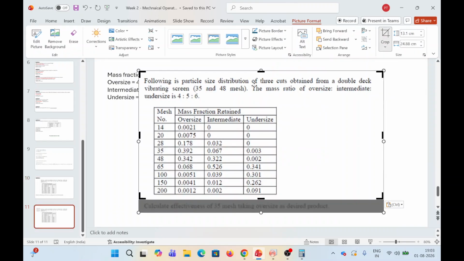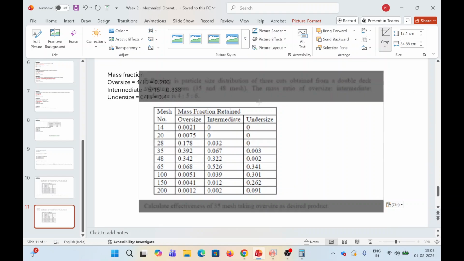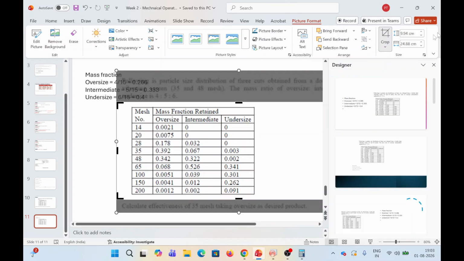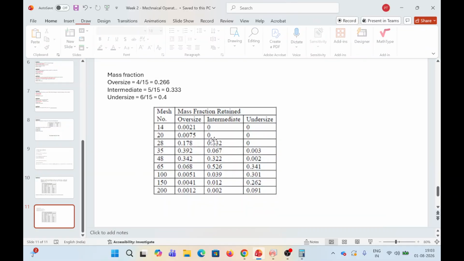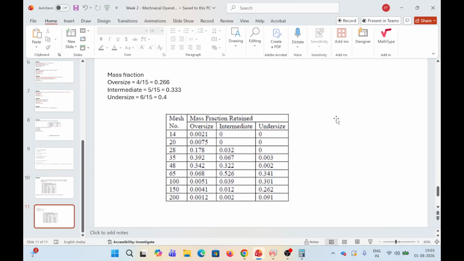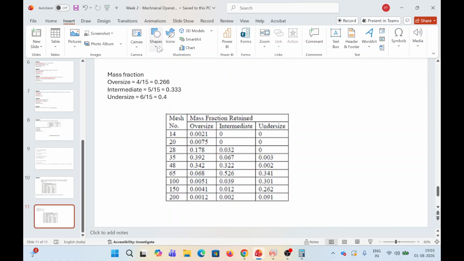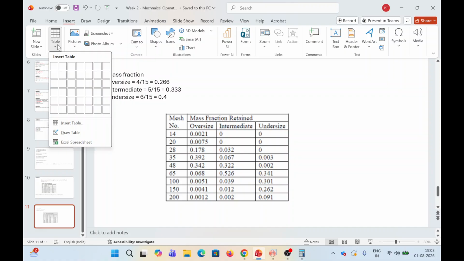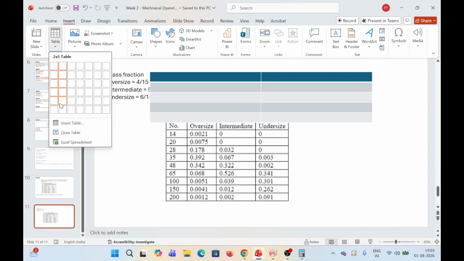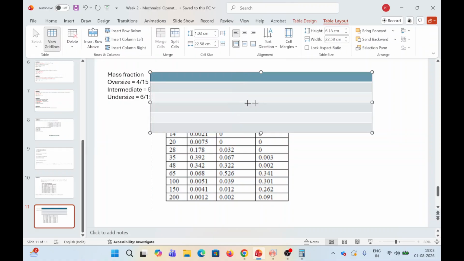I'll just crop the question. So with this we need to basically see what will be the feed at, let's say, how many columns we need. Let this be the table for the time being.